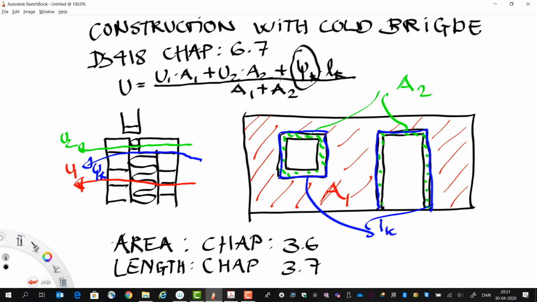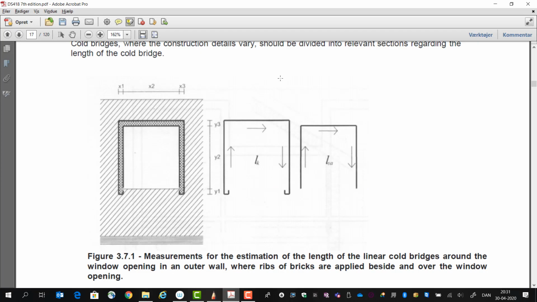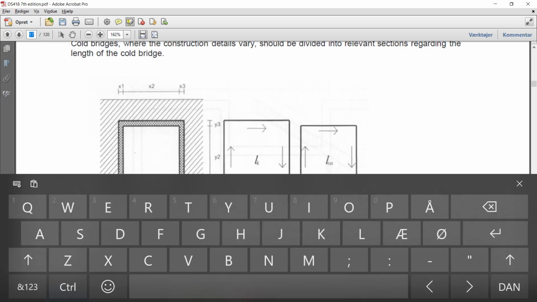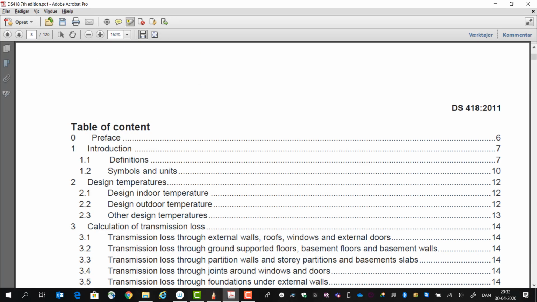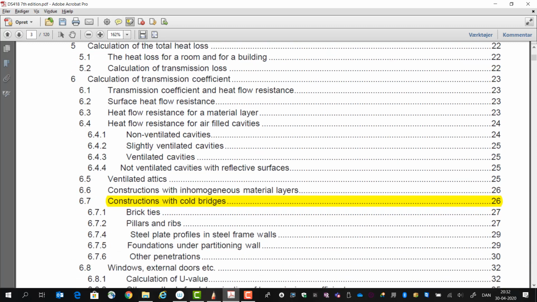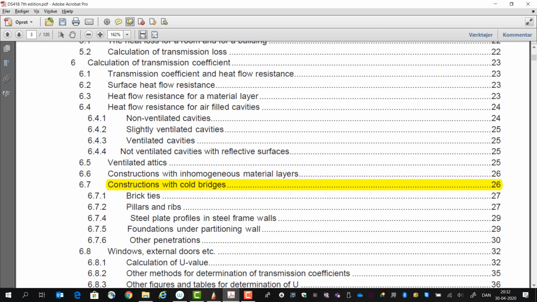And that we can also find in DS 418. So we go back and we go to table of content. And then we have the linear loss here under 6.7.2, pilasters and ribs here. So we go to page 27.